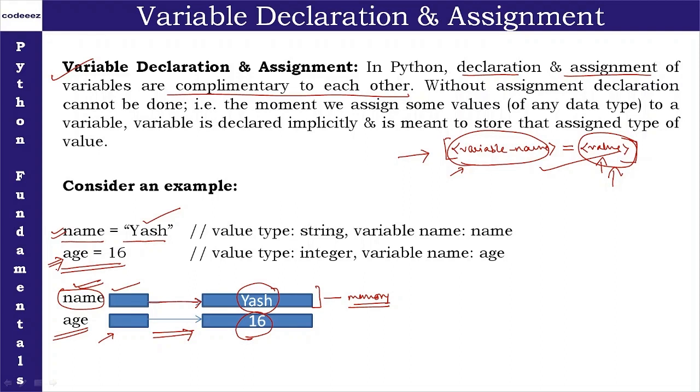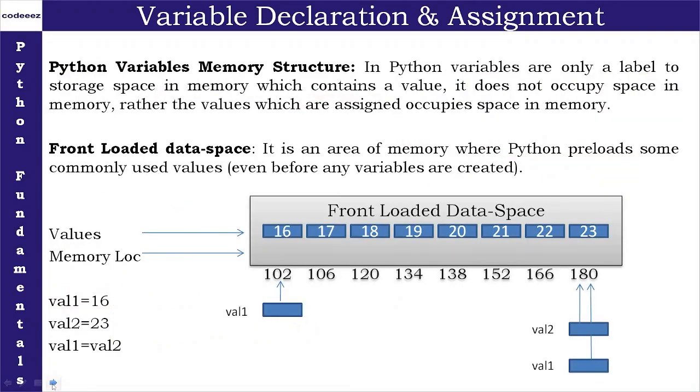Now let us consider the situation that will be happening in memory: what will be the memory representation, what changes will take place in the memory of a computer the moment we declare a variable. Once the variable is declared and assigned with some value, you can understand what happens in memory by the concept of front-loaded data space.